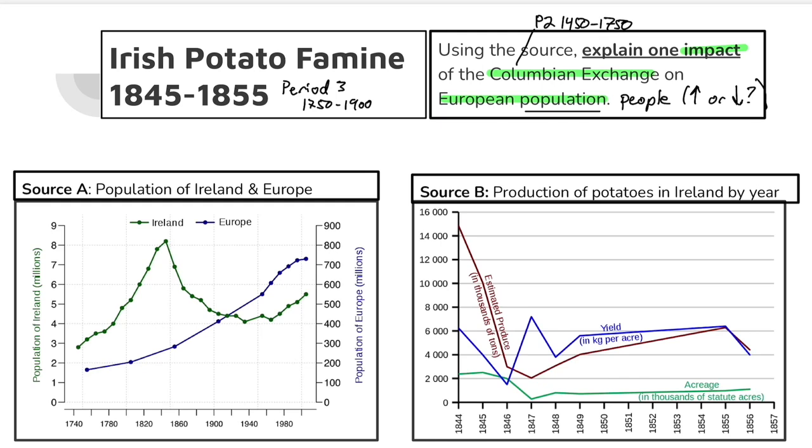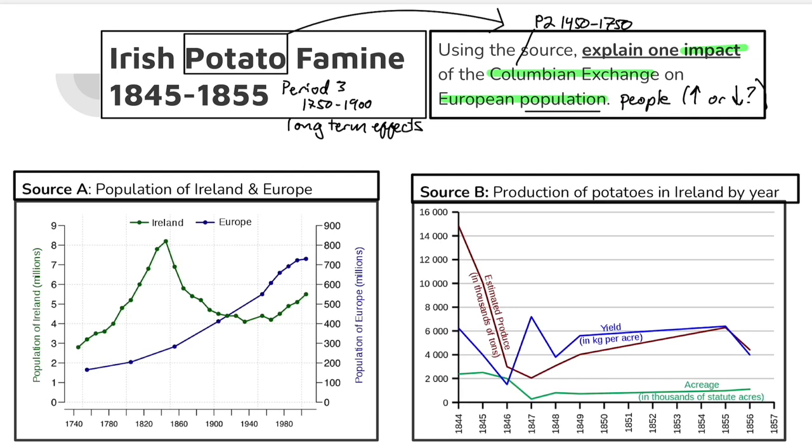Well, you can still use them if you can interpret them correctly. So this is period 3, which means it must be talking about long-term effects on the European population. And it mentions the potato. We know that that came from the New World because we completed that on our first worksheet in period 2 due to the Columbian Exchange.